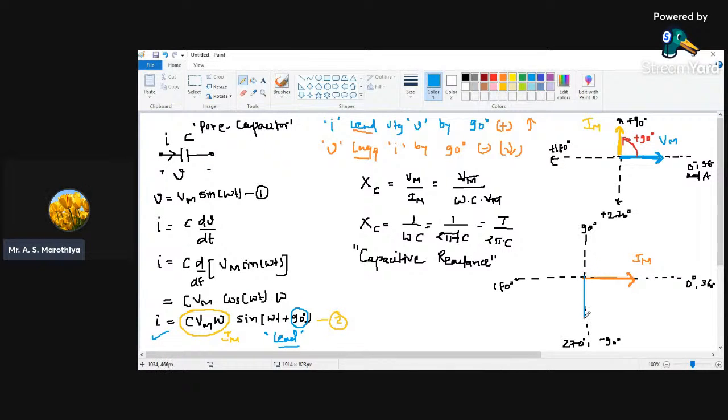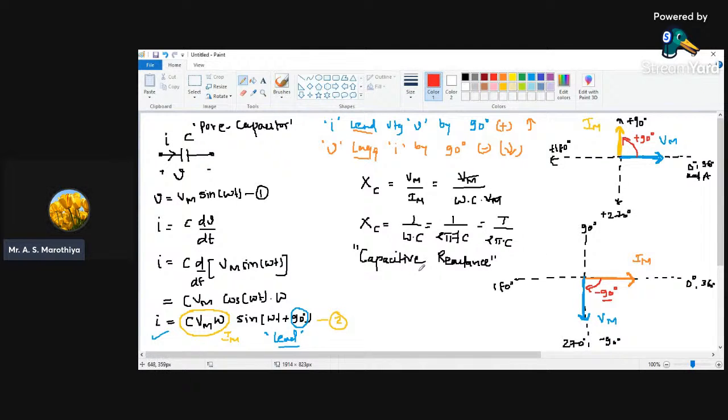So this indicates the voltage, that is nothing but Vm, and it lags the current by an angle of exactly 90 degree. This is very important. So these points you have to remember, that in case of pure capacitor, current leads voltage by an angle of 90, or voltage lags current by an angle of 90.